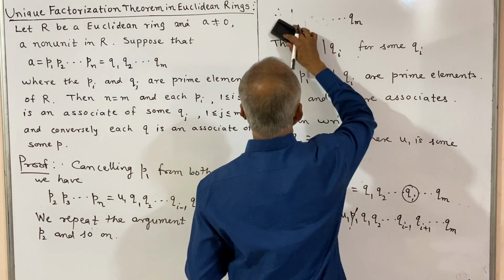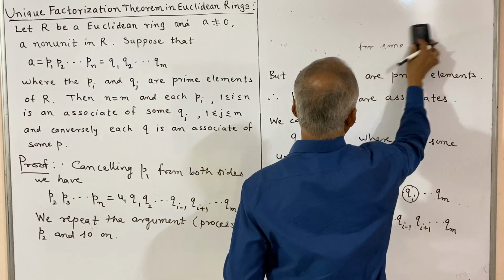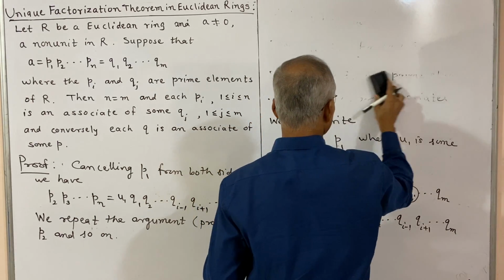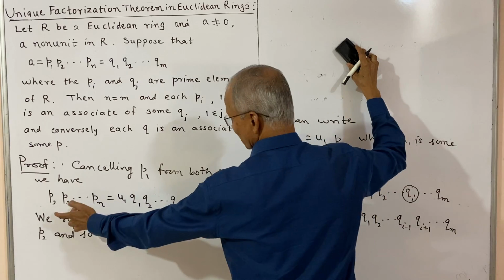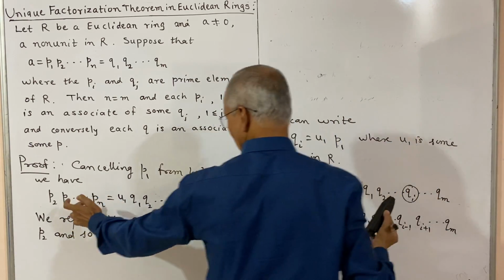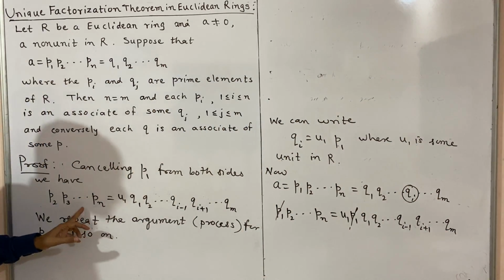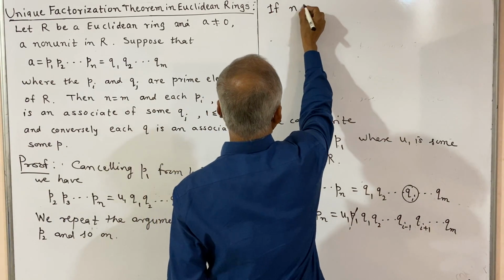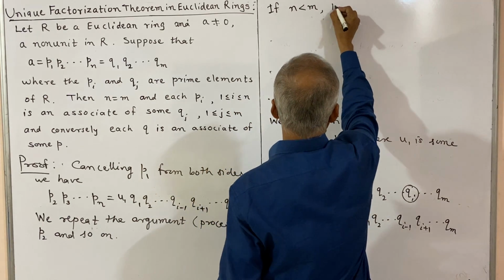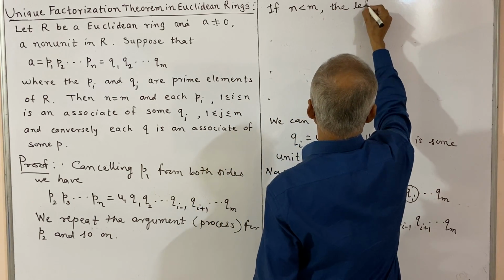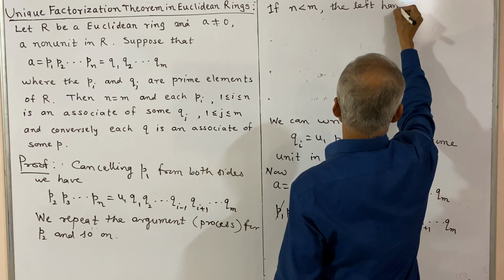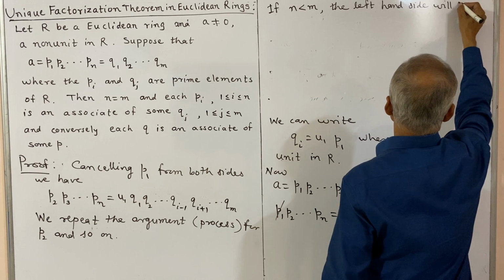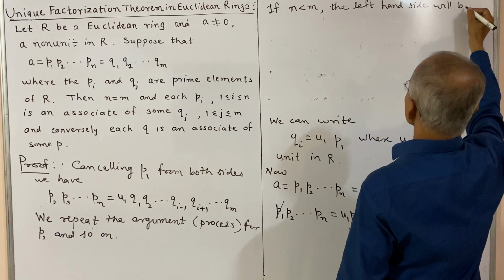So if n is less than m, the left side elements will be cancelled and the left hand side will become 1.